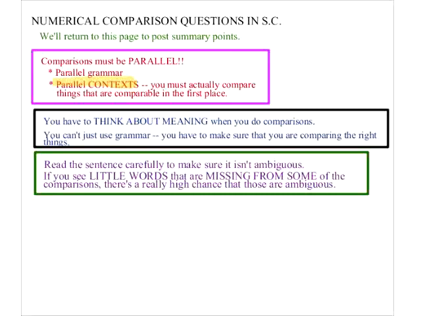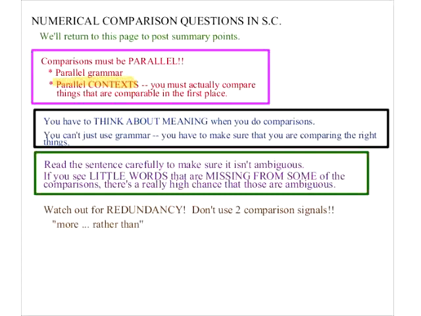Don't use two comparison signals. So if you see something like more with rather than, or if you say increased and more, if you see, well, it could increase more, so that's a bad example.